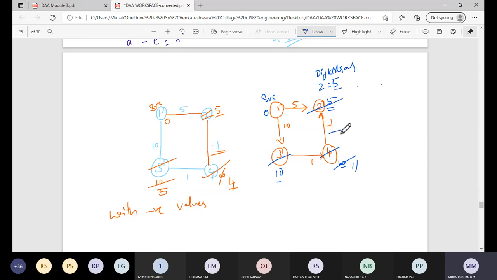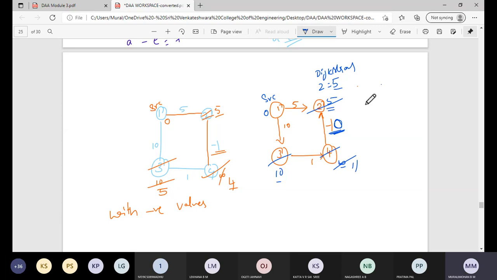Suppose instead of -1 we have -10, I hope you are getting my point. Then what will be the value of 2 now? 1.